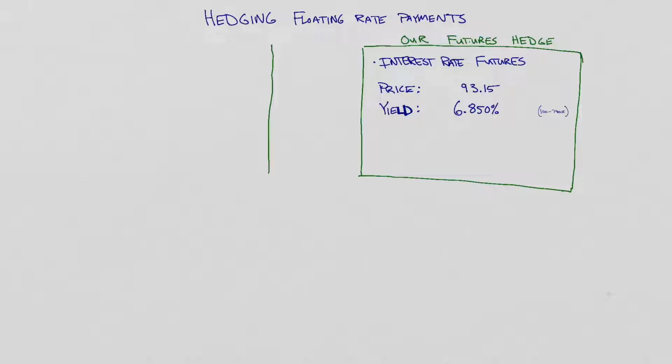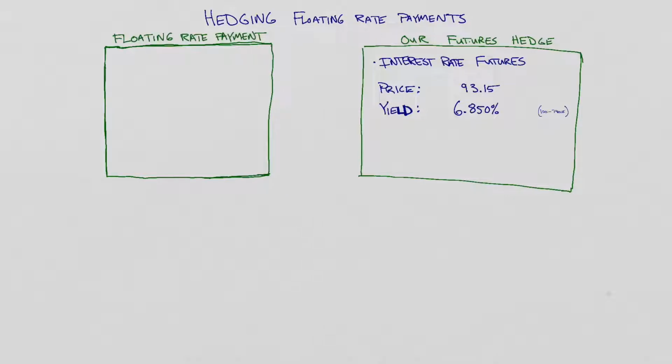We are a company and we pay interest on our bonds that we've sold to our investors. And the bond that we sold is a variable rate bond. Every 6 months or every year, whatever our coupon payment schedule is, we have to pay to our investors whatever some benchmark rate is plus the credit risk premium.